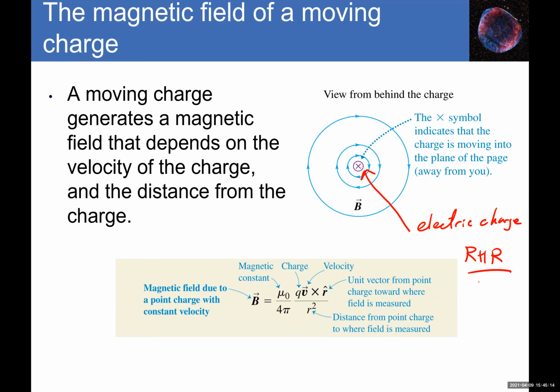This right-hand rule is not for the force. Remember, there was a right-hand rule that we used in the previous chapter that was for the force. This one specifically involves two quantities: for a moving charge, you're looking at the velocity and the magnetic field. That means we can use the velocity to find the magnetic field.